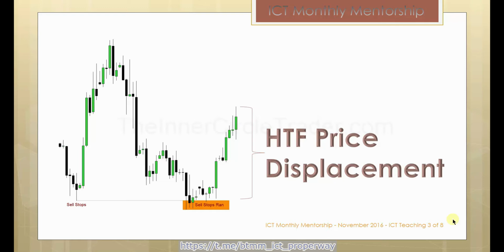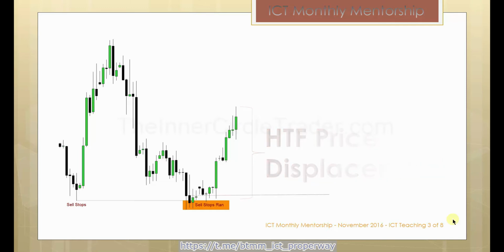Everything has to have an origin. So we go back to the beginning of that price swing. That higher time frame price displacement has to have a root price level which we can classify as an institutional sponsorship level. In other words, where everything started from. So if we can arrive at that, we can break down the marketplace and wait for another opportunity should it get down to that level again.